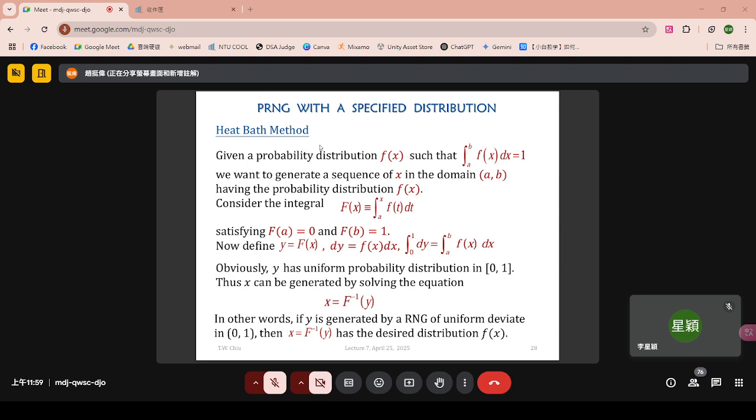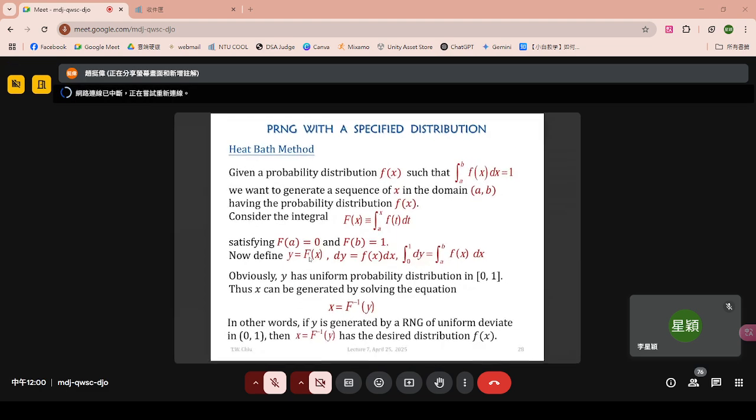So this probability distribution f(x) satisfies this normalization condition. Now we want to generate a sequence of x in [a, b] having the probability distribution f(x). So what we do is first consider the integral of f(t) dt from a to x, and it satisfies this: when x is a it is 0, and when x is equal to b, it is 1.